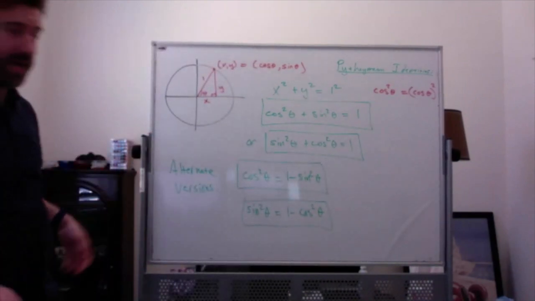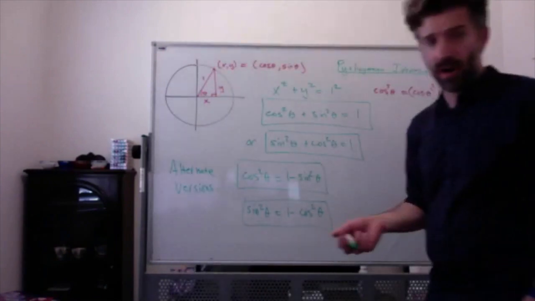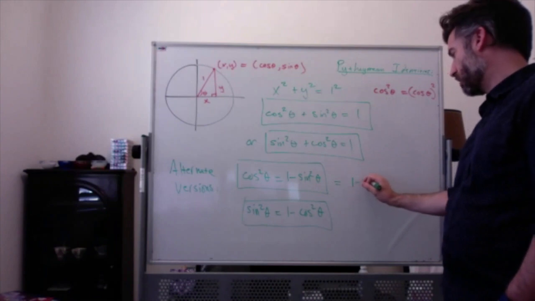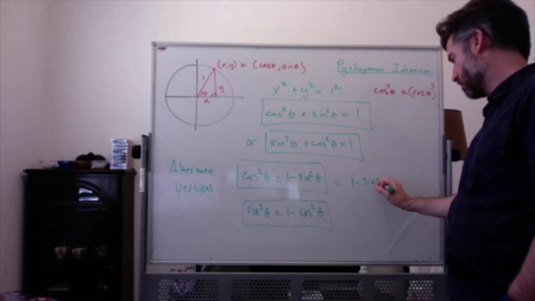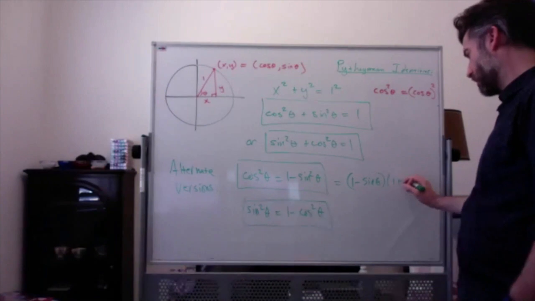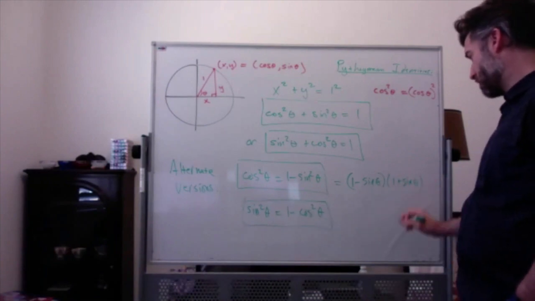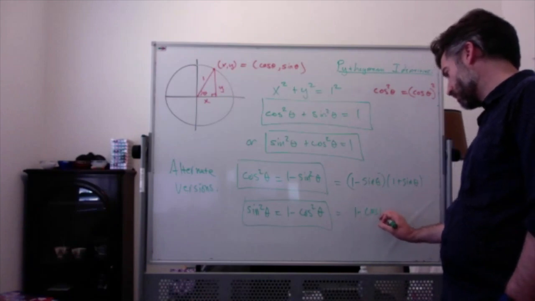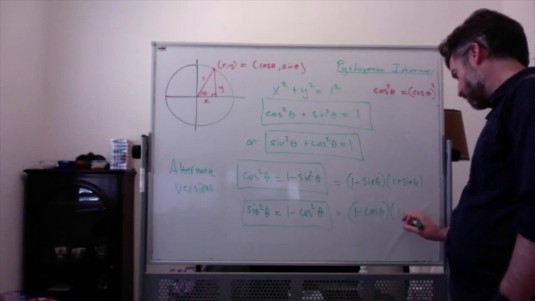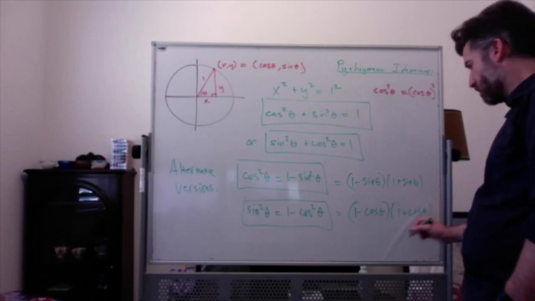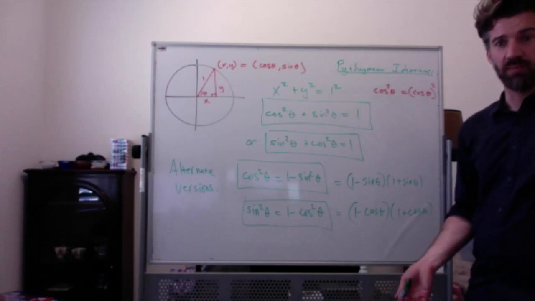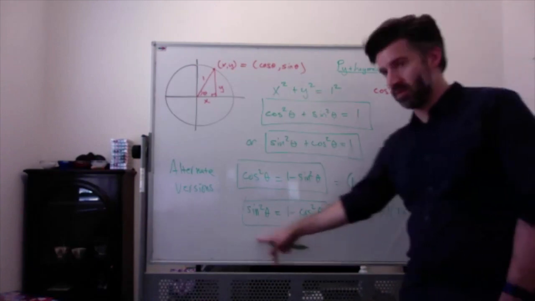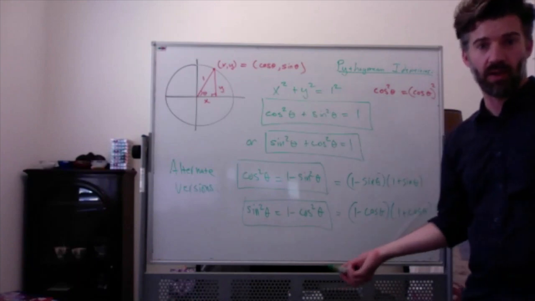And then I will just point out, because this comes up often, 1 minus sine squared factors as 1 minus sine theta times 1 plus sine theta. And similarly, 1 minus cosine squared theta factors as 1 minus cosine theta times 1 plus cosine theta. So often you will see people jump straight from 1 minus cosine times 1 plus cosine to sine squared. They kind of make a big leap there sometimes.